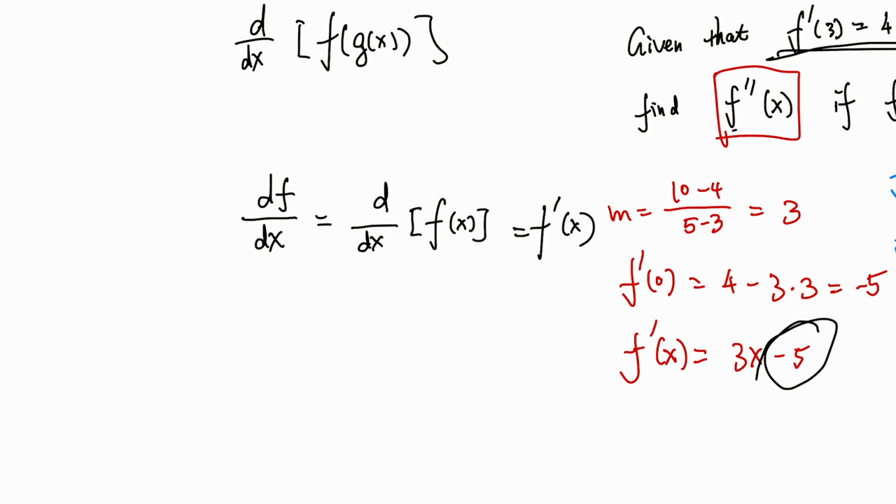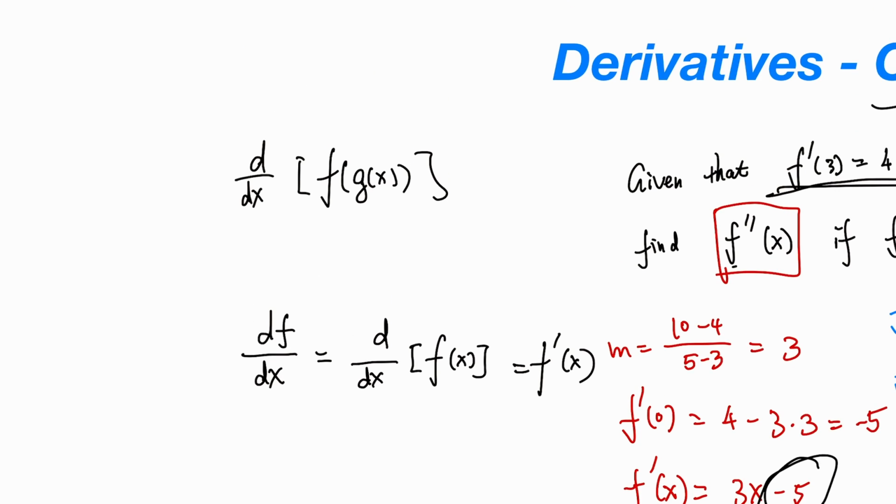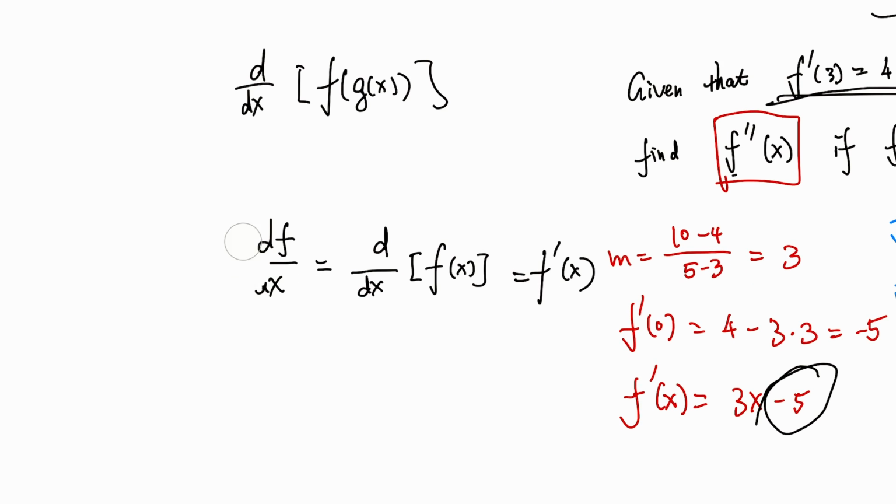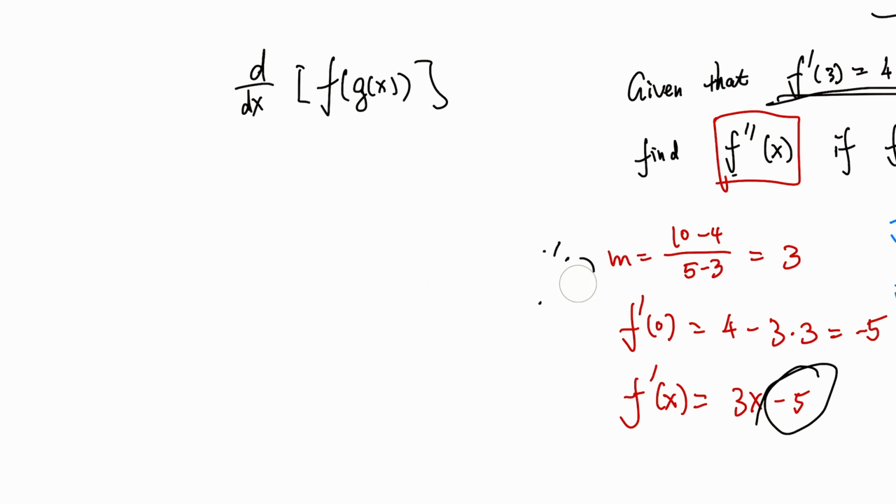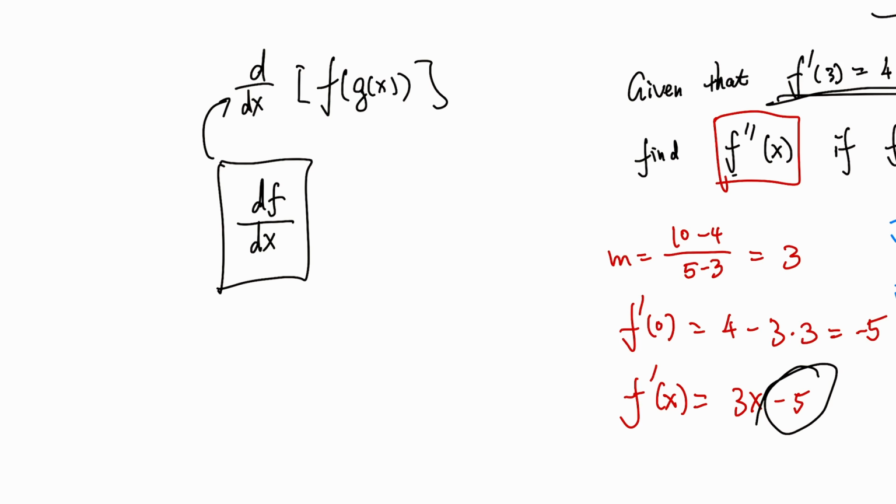So after going over this notation, we can rewrite the confusing notation above as df over dx times this. This is equivalent to that because it is taking the derivative of f with respect to the innermost, which is x.